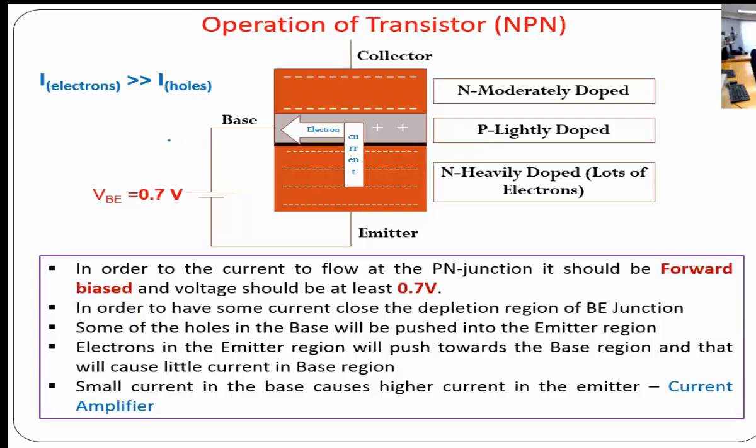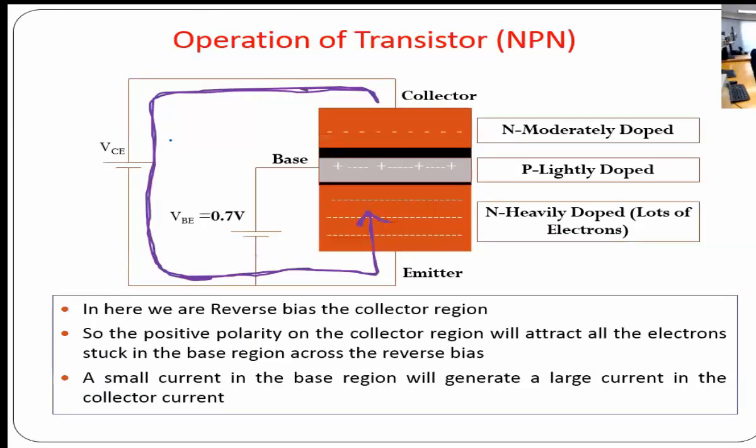But the other junction would be something like this. In here, we need to reverse bias that junction, where the collector gets positive. Remember, the collector is an N-type semiconductor, but here you are putting positive. So the name of that supply is called what? VCE, which is collector to the emitter.